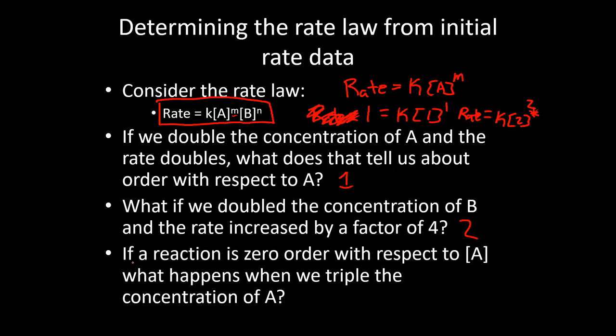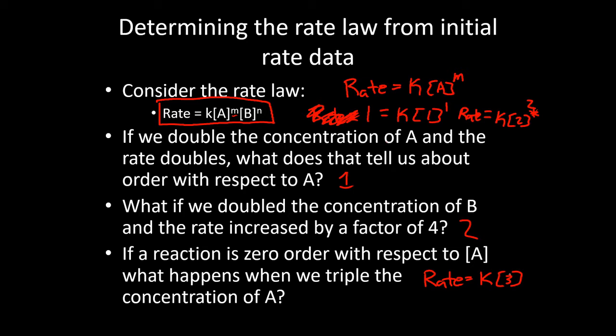The last one here: if a reaction is zero order with respect to A, what happens when we triple the concentration of A? Well, let's think about this. If we have our rate law, and we have some k value. We actually don't really care what k is at this point. And we have, in one case, 1 as the concentration, but in the other case, 3.